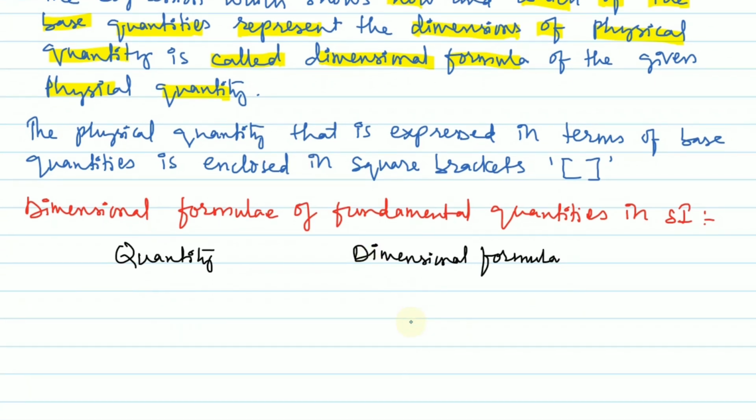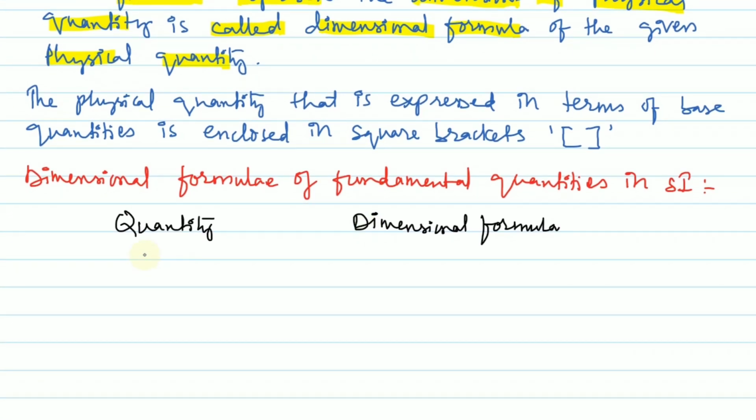So let's start with the quantities. First is mass, and its dimensional formula is capital M, which must be represented in square brackets.